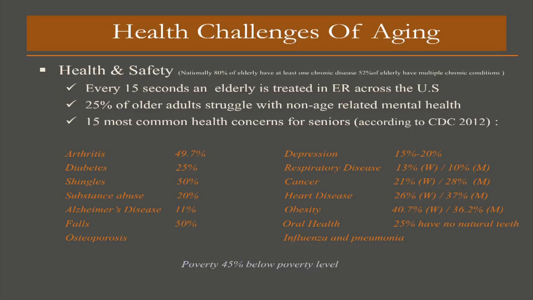the 15 most common health concerns for seniors are as follows: arthritis, diabetes, shingles, substance abuse, Alzheimer's disease, falls, osteoporosis, depression, respiratory disease, cancer, heart disease, obesity, oral health, influenza, and pneumonia.